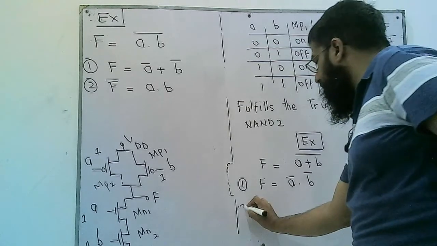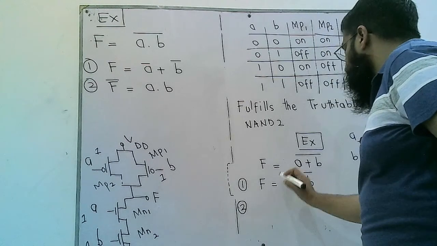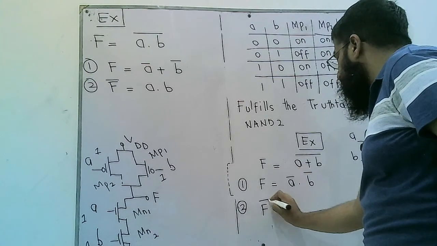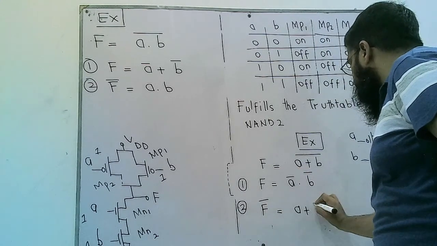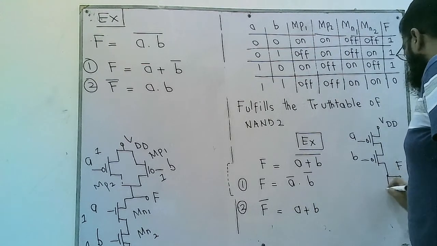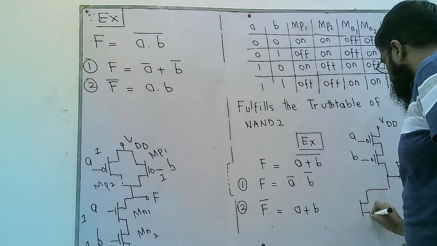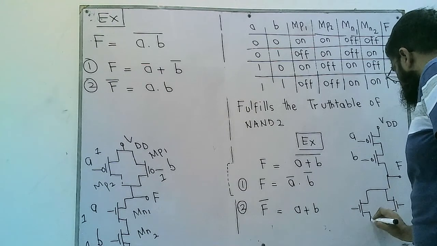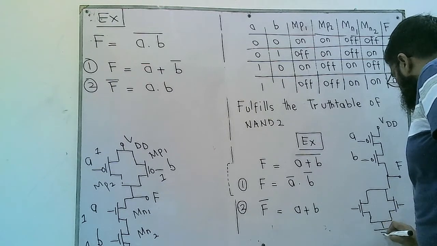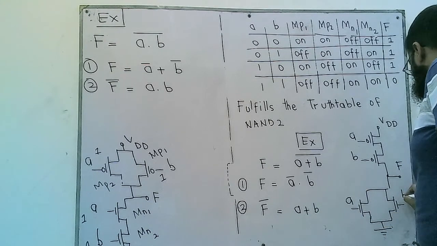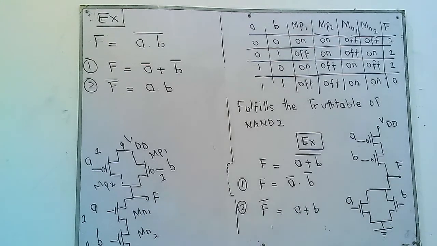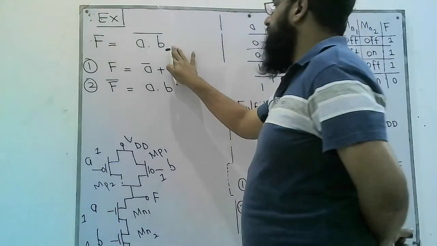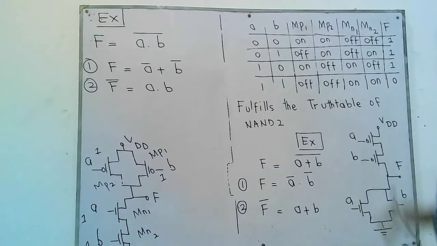And step number 2, we'll ignore inversion from the original expression, that is A or B, and implement it using NMOS transistors like this. So this is a CMOS implementation of a 2-input NOR. It can be extended to 3-input NOR, and this can be extended to 3-input NAND, and so on.